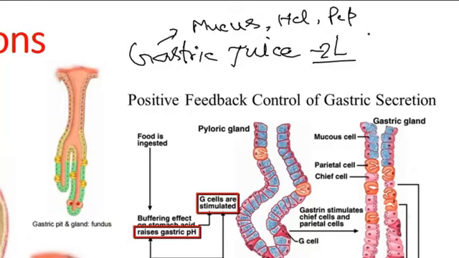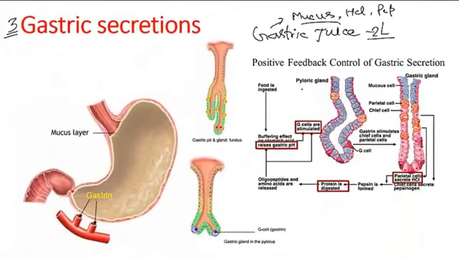Mucus is produced throughout the stomach and protects the lining of the stomach cells. Pepsinogen is also secreted throughout the stomach. HCl is produced by the fundus and body, these two parts. Intrinsic factors are also produced by the fundus and body.